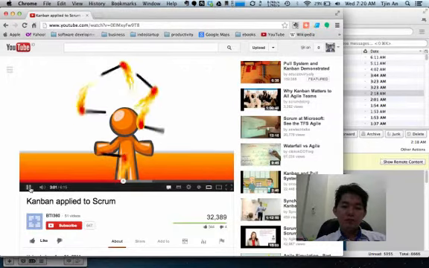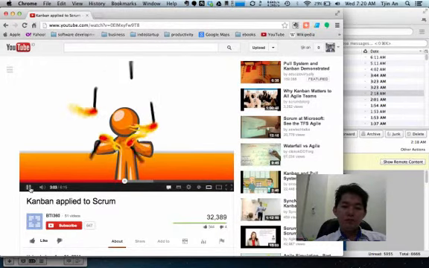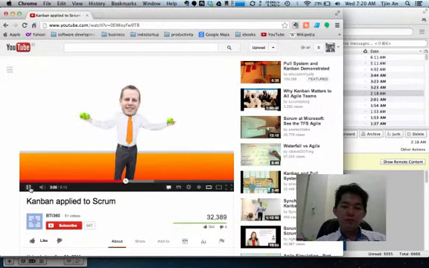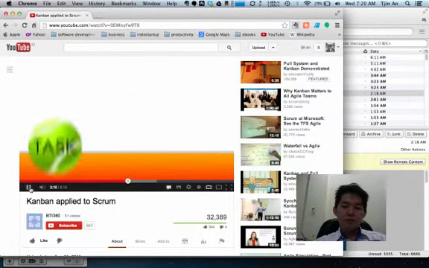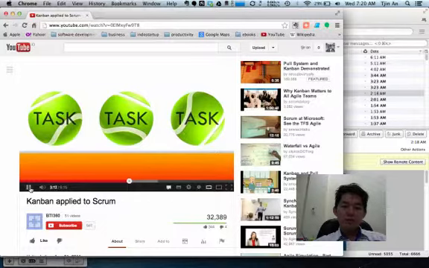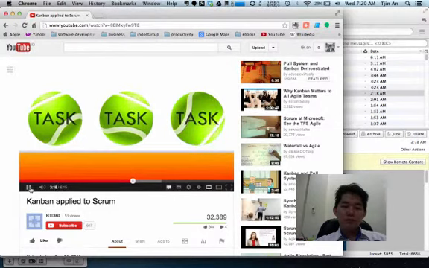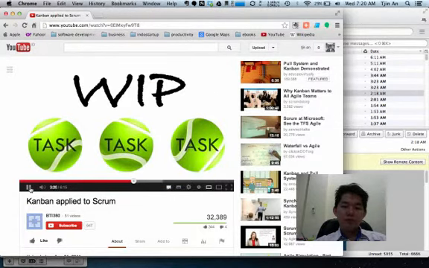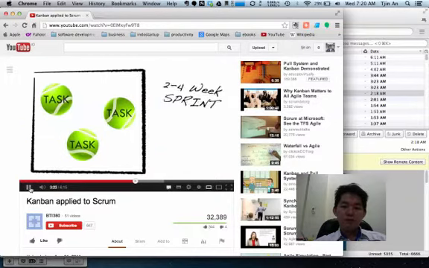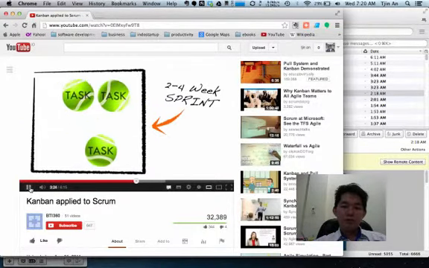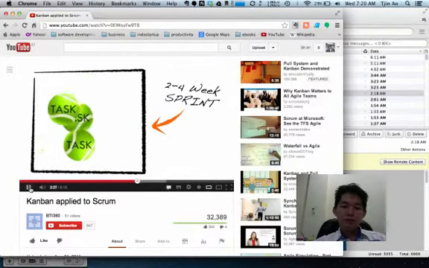Have you ever seen someone juggle 5 flaming torches at a time? It's awesome. Have you ever seen me try to juggle 3 tennis balls at a time? It's a total disaster. Constant task switching within a sprint can have similar effects. In general, most people and teams have a hard time focusing on more than one thing at a time. While Scrum does limit the work in progress, or WIP, to a time-boxed 2 to 4 week sprint, the reality is teams end up juggling a bunch of tasks throughout the sprint.